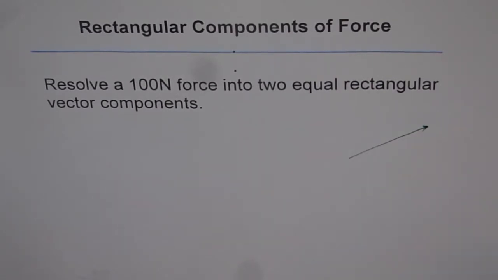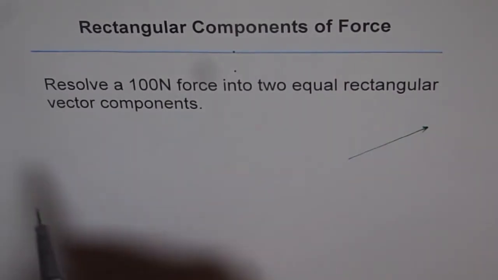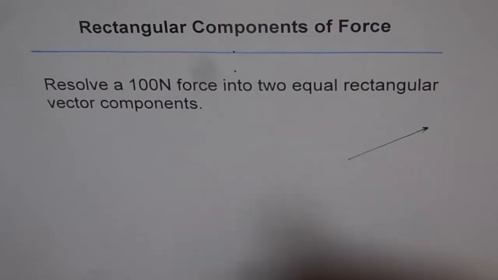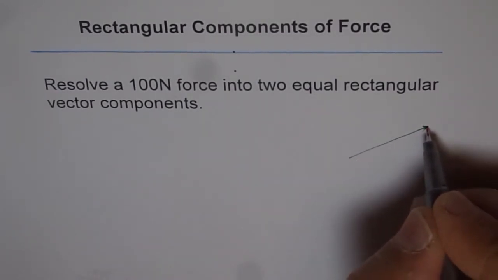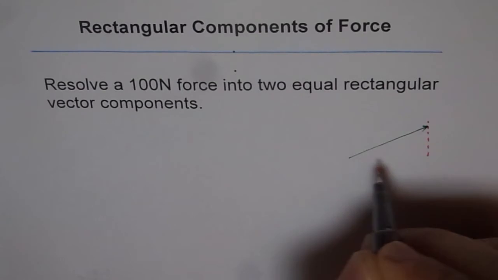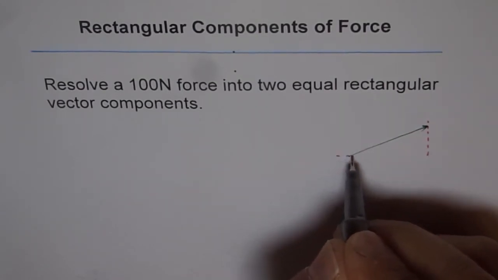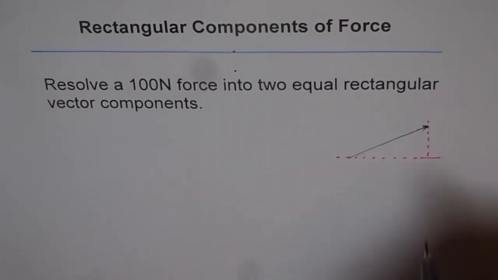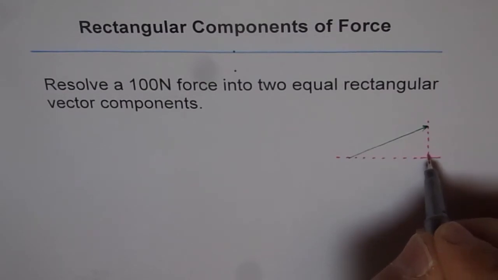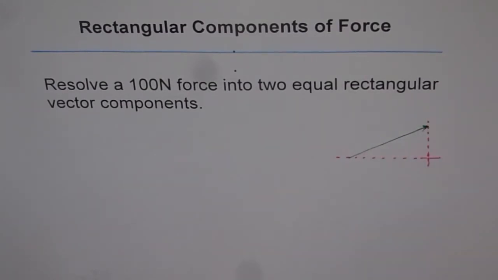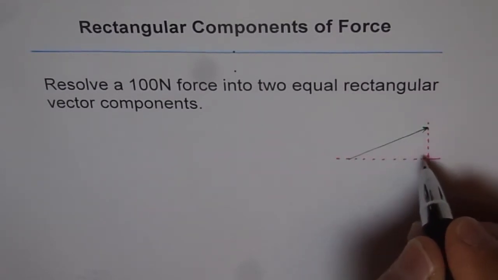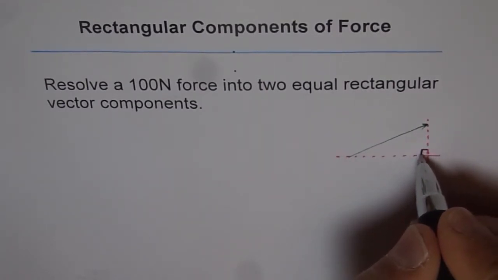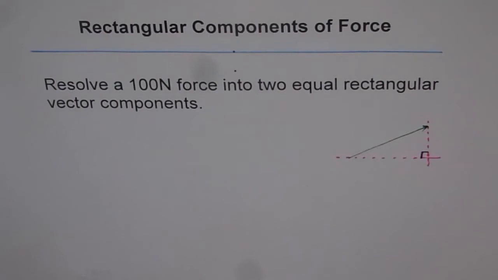Now, to resolve it into rectangular vector components, we can draw lines which are horizontal and vertical, right? So the horizontal line from the tail and the vertical line from the head. When we draw this, they will intersect at a point, and this point will always be at 90 degrees.